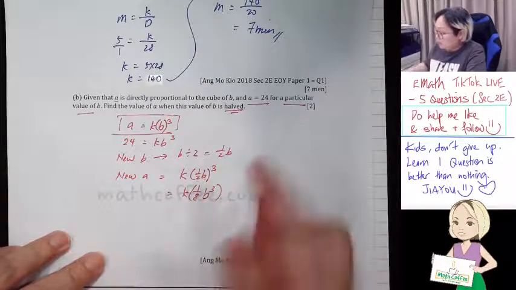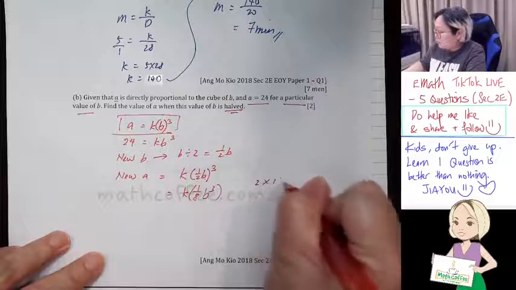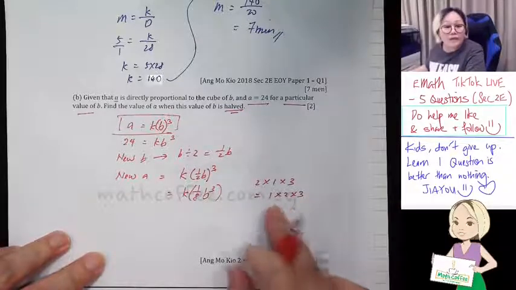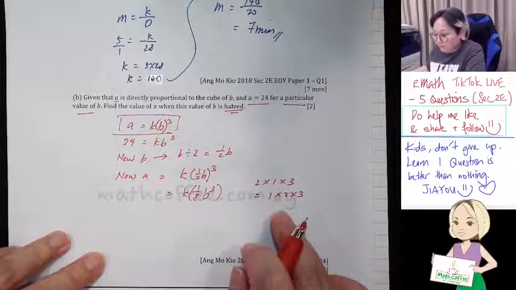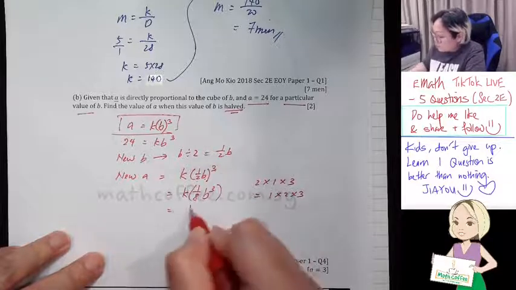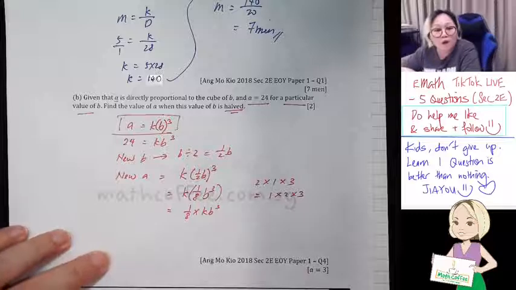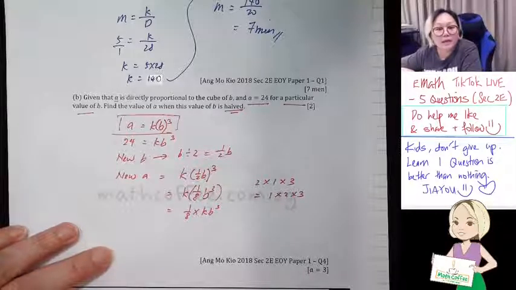I'm going to shift, you see, if I write 2 times 1 times 3, it's the same as 1 times 2 times 3. I'm just shifting the multiply number. So I write it as 1 over 8 multiplied by KB cube.